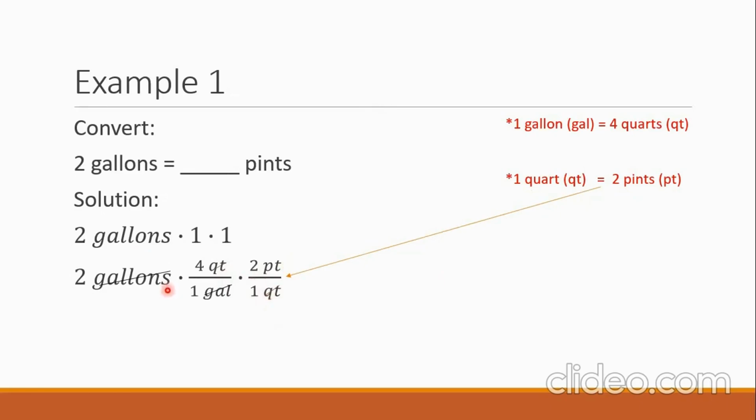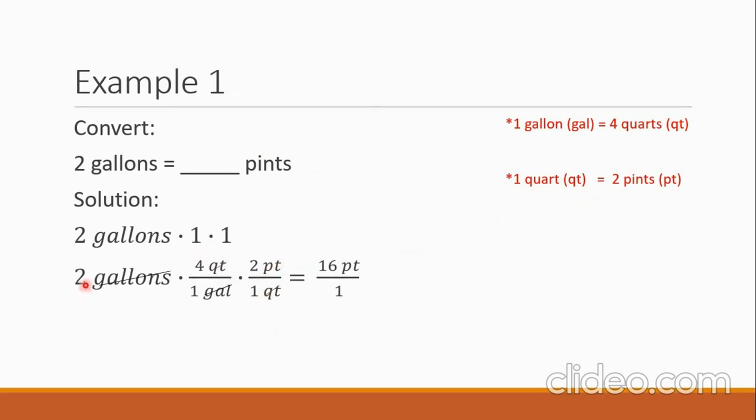Looking now at my operation here, there is only one unit that is left, and that is the pint, and that is what I want, the pint. And then I will now start my operation.